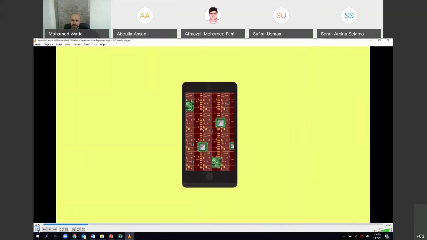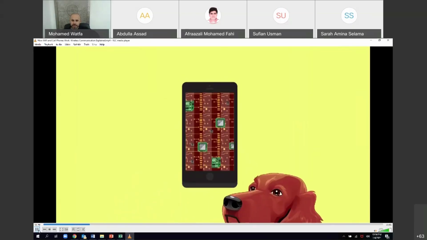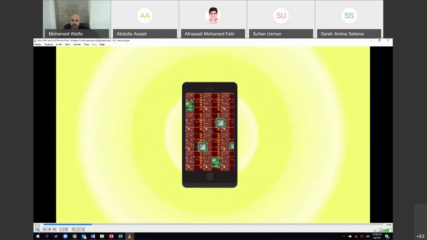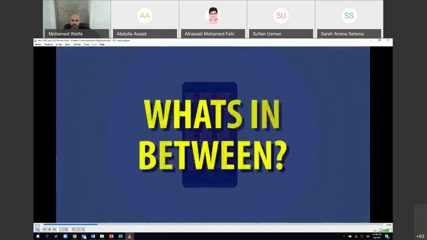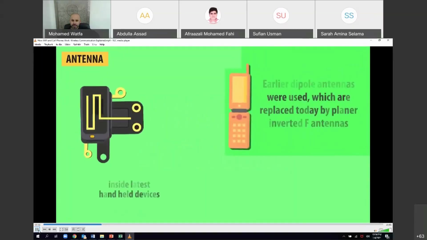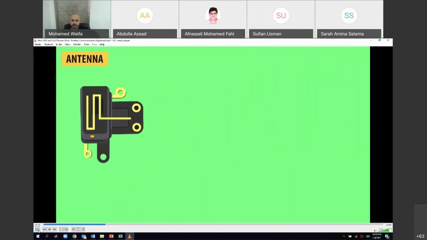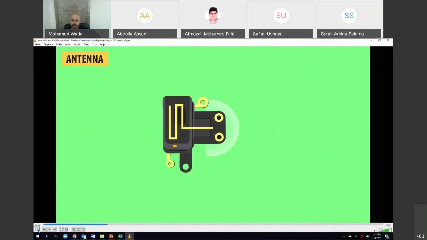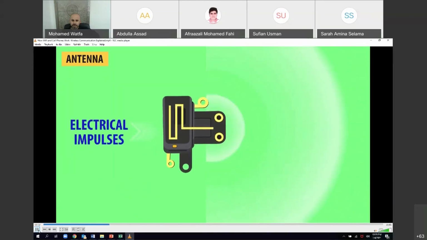At one stage, you had a circuit board that you could touch and feel and even smell. And then suddenly you have radio waves in the invisible part of the spectrum, flying away into thin air at incredible speeds. What's in between? Well, an odd-looking device. It's an antenna, which roughly translates to a pole in Latin. An antenna is a metal-tongued voodoo device that swallows electrical impulses and spits out radio waves.